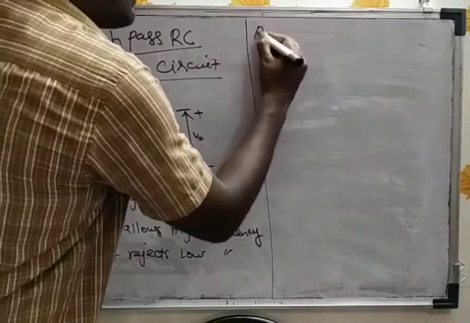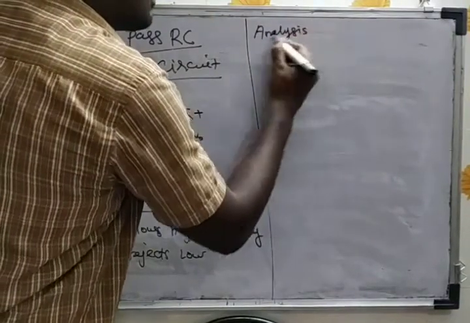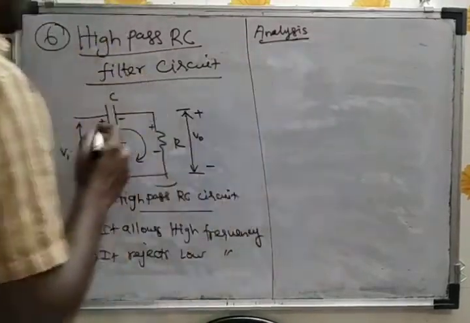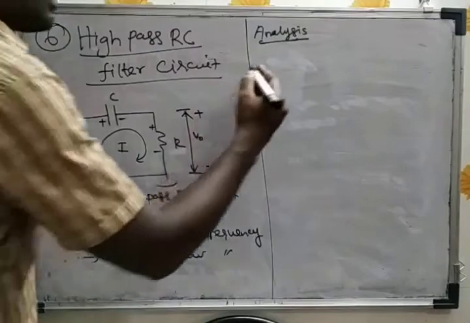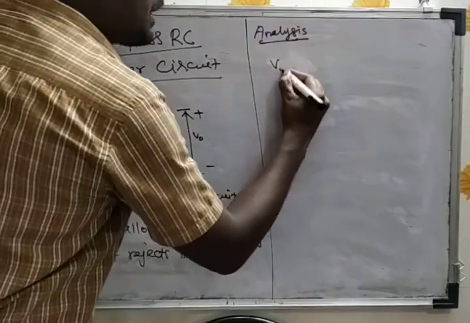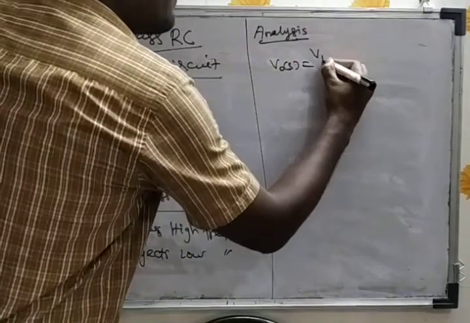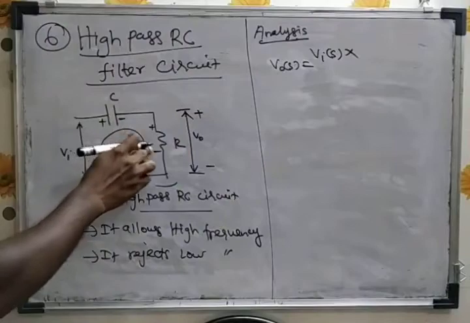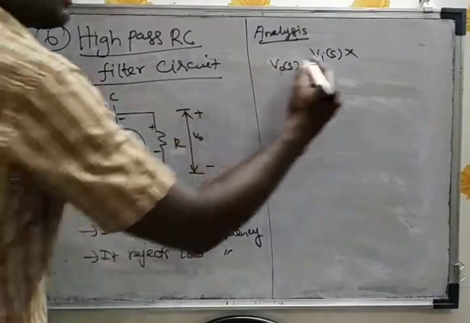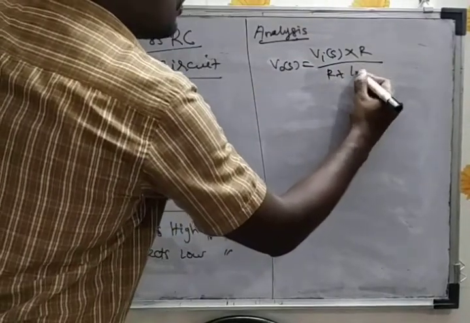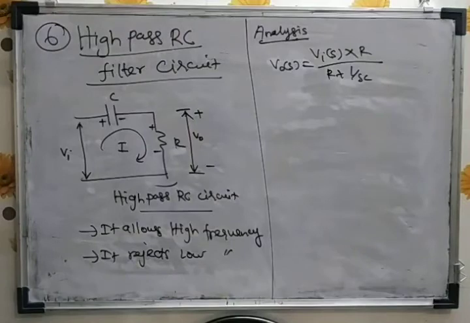When we have the analysis part, whenever you see a capacitance, you must use the Laplace transform. You can use S domain analysis. So V0 of S is equal to VI of S into the same branch resistance R divided by total resistance R plus 1 by SC.